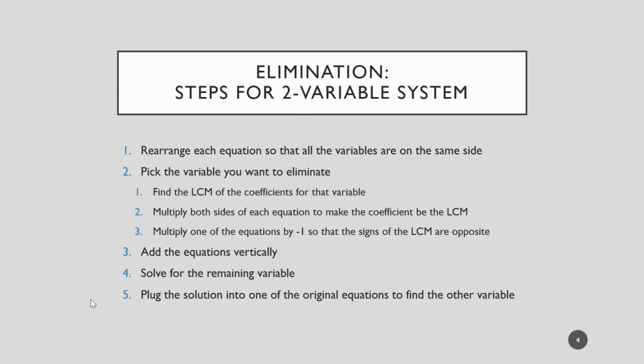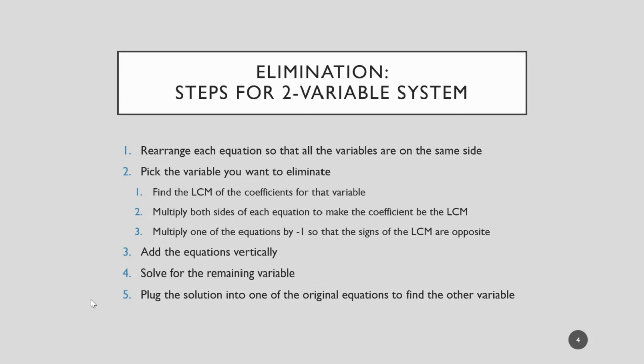Once you've decided that, you want to take a look at the coefficients for that variable. So if you have like a 2x and a 3x, and you want to get rid of x, you're going to look at the 2 and the 3, and you're going to find the least common multiple of those coefficients. So for 2 and 3, that would be 6.